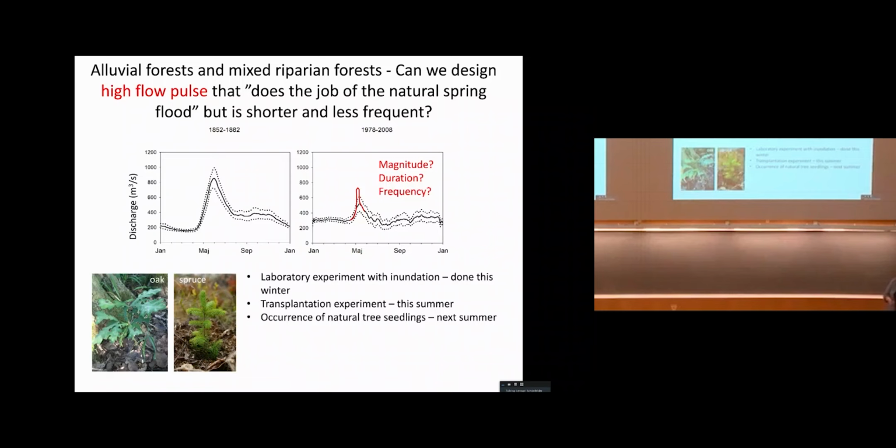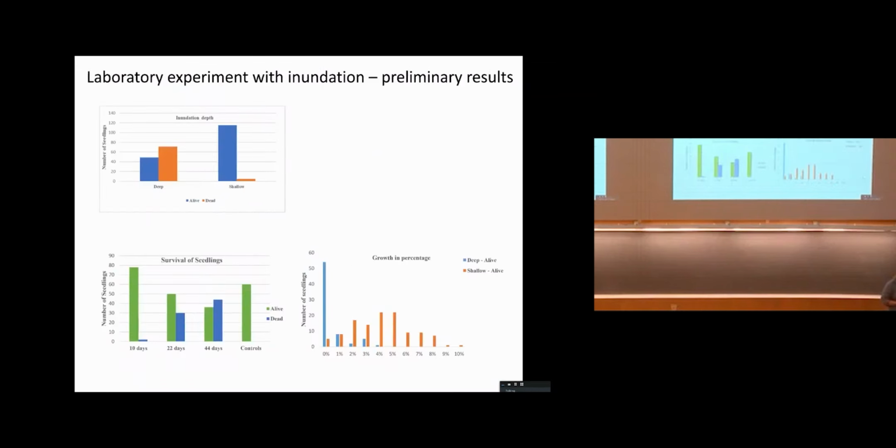But that's for next summer. So the hypothesis is that we want to see if we can get away with 2 weeks every second year, if that is enough to exclude spruce seedlings. What is suggested is almost 1.5 months of flooding. So that's the idea behind that project.